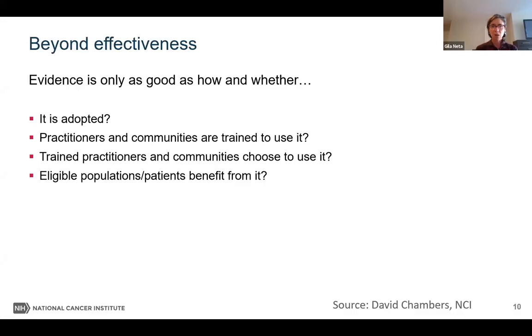But not just that, we know that we have a history of training where providers can't then come back and have the supports needed to actually deliver it or integrate it into the practice. So we need to make sure we're thinking about that as well. And not just that, but that we also are considering what needed supports those trained practitioners would be able to use to then reach all the populations who could benefit.